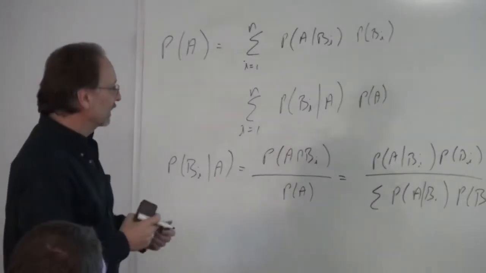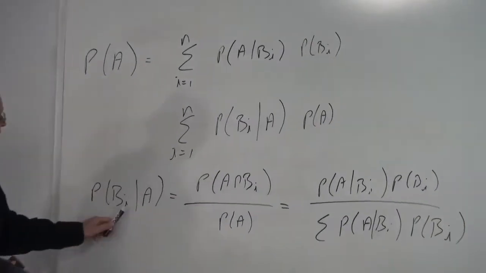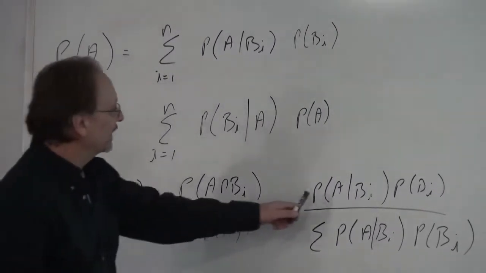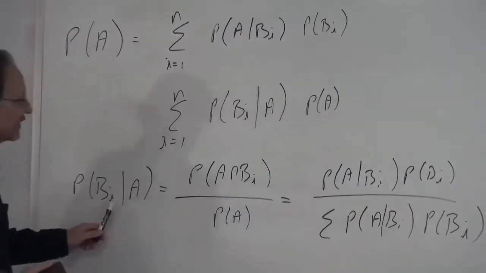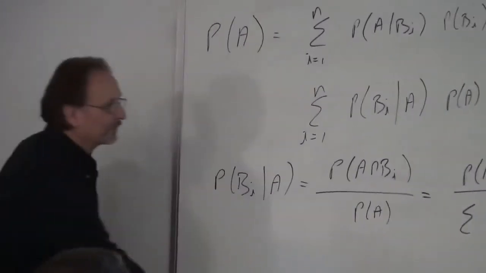Okay. So if I want to find an individual conditional probability, I can find this conditional probability, which is the converse of that, over the summation of all the conditional probabilities.